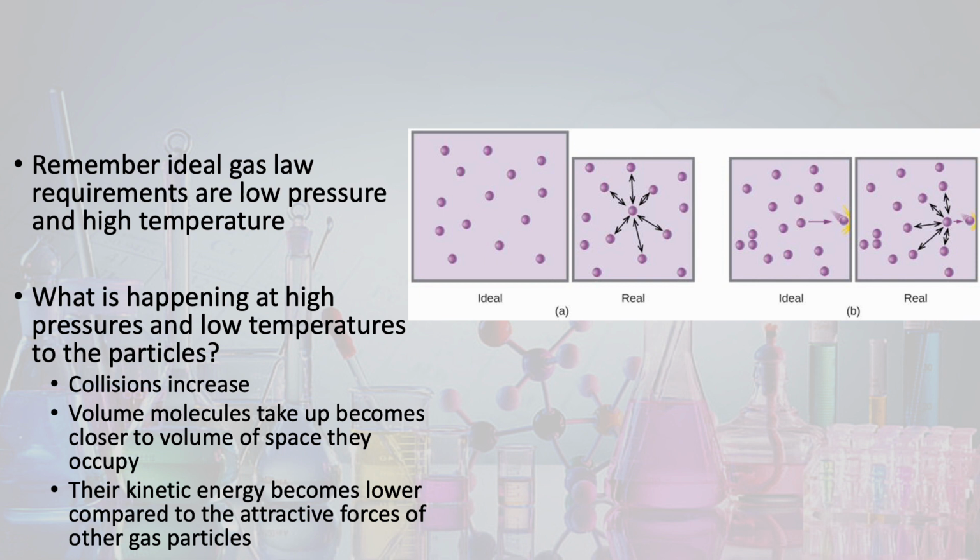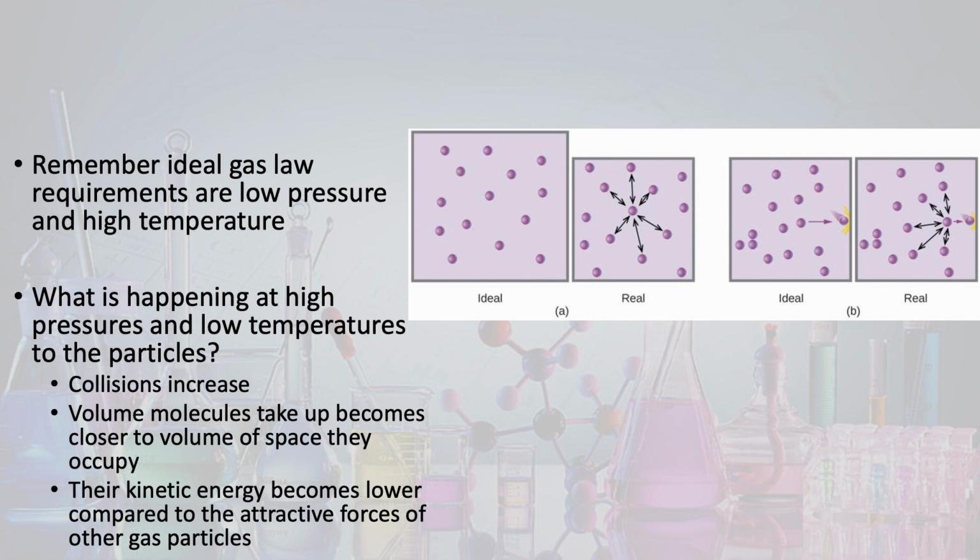Now if we start to change those things, here our box goes from big to small, so we're increasing the pressure. Maybe we're taking away some of the thermal energy, so we're decreasing the temperature. We're actually going to cause an increase just simply in the probability of these molecules crashing into each other, so we're going to increase the number of collisions that occur.